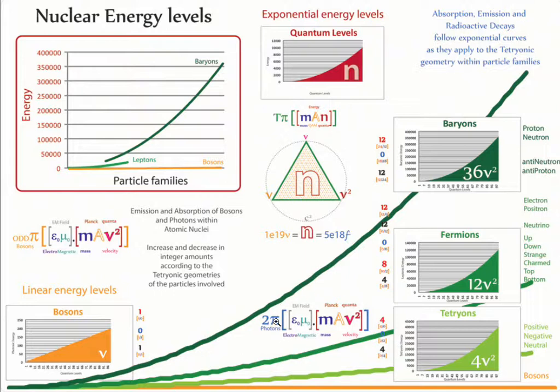So in the case of an EM wave, as discussed in the previous lecture, we will have an even number of quanta made up of pairings of bosons. So an even number of quanta in the field because it's made up of photons, and these photons have 2 bosons to make each photon.